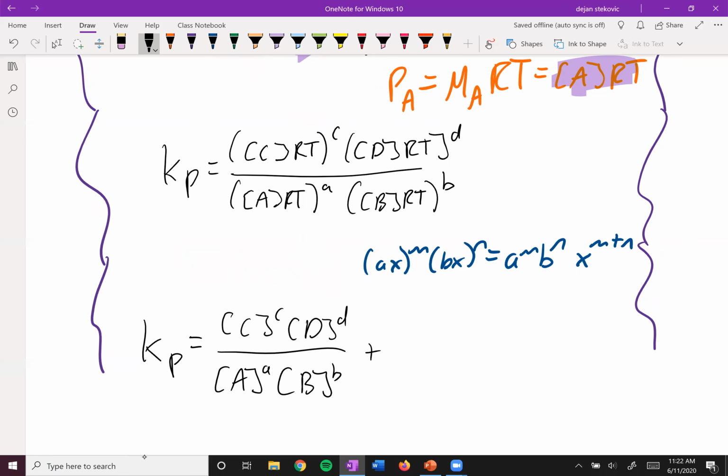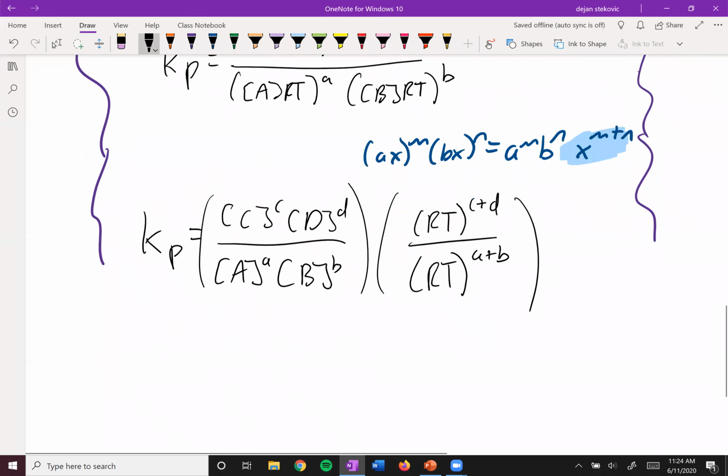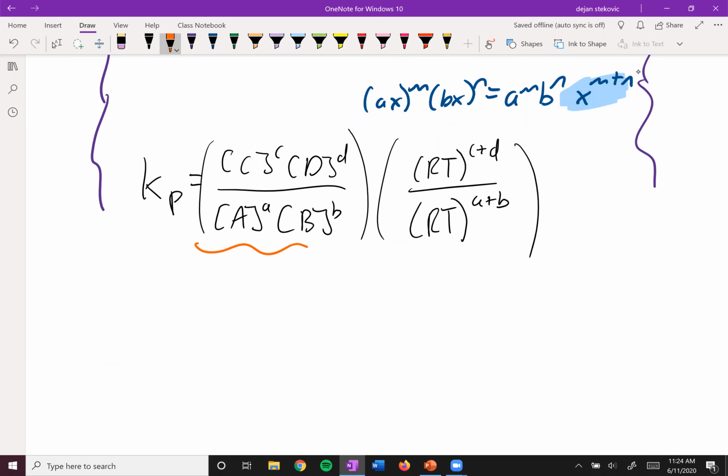And then we can separate out this other half of the expression, times RT. We can combine all of our RTs and put them to the c plus d, divided by all the RTs to the a plus b. You can see that this first part is all equal to Kc.